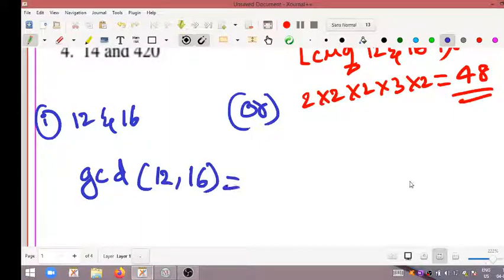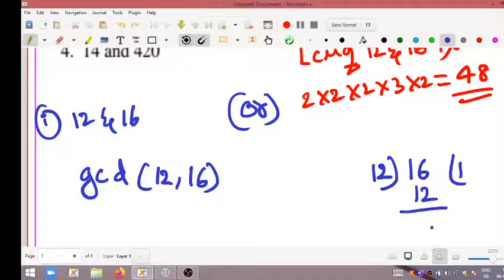For this purpose, to find the GCD, we write the smaller number 12 here and the larger number 16 here, divisor and dividend. 12 goes one time, 12 1s are 12, remainder 4 will come.